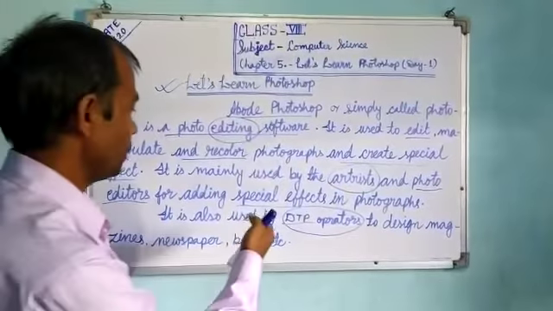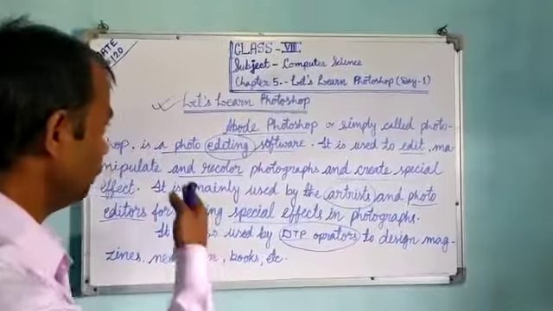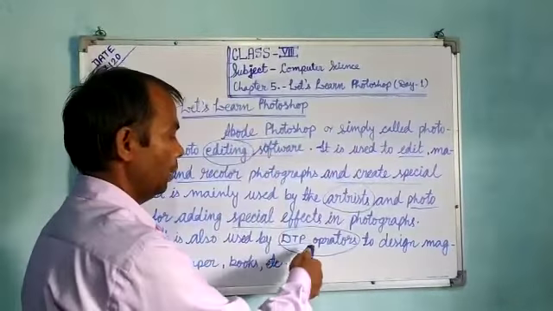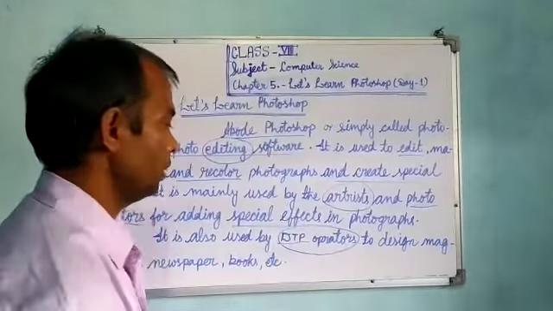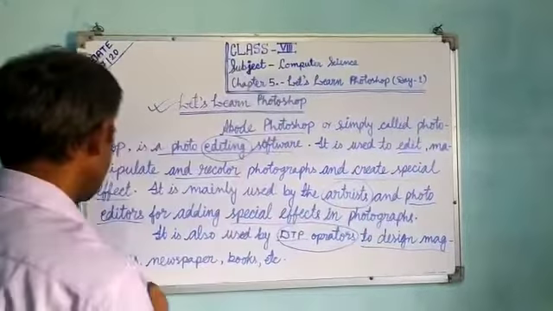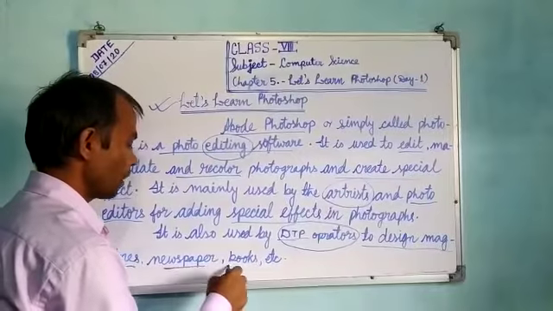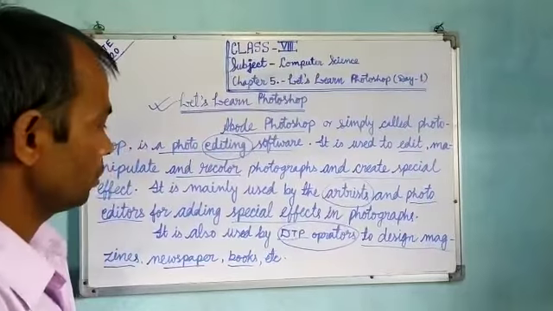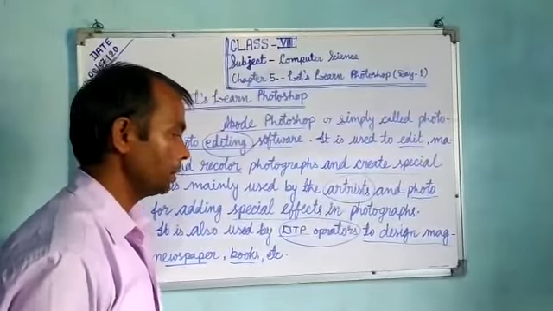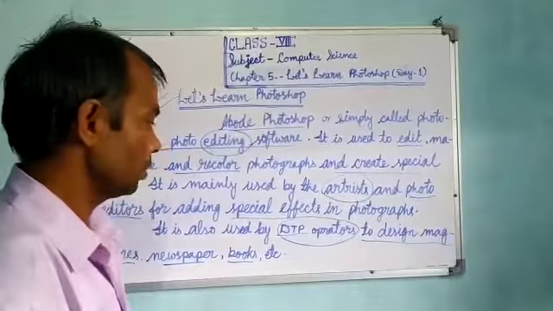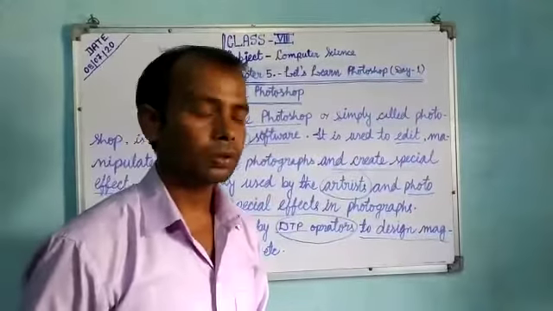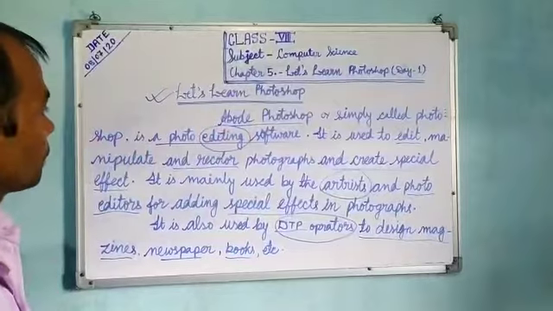So these operators use Adobe Photoshop, and by using such types of software they design magazines, newspapers, books like that. So the pages and cover page look very attractive. So it is used by DTP operators, desktop publishing operators.